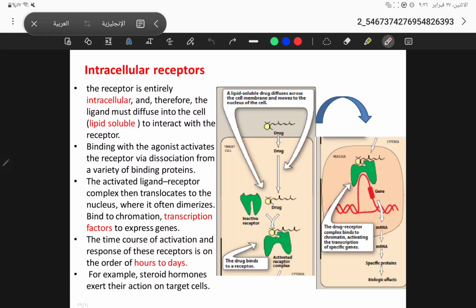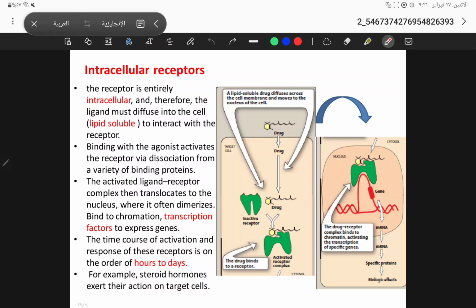And therefore, the ligand must diffuse into the cell. طبعا الليجند ممكن أن يكون agonist، ممكن أي molecule ترتبط بالريسبتور. أي واحد، أي شيء. Agonist, antagonist, partial, whatever. فممكن أن أقول ligands أو agonist or whatever. So ligands must diffuse into the cell, lipid soluble of course, to interact with the receptor.